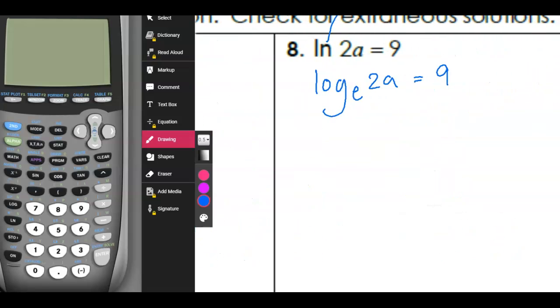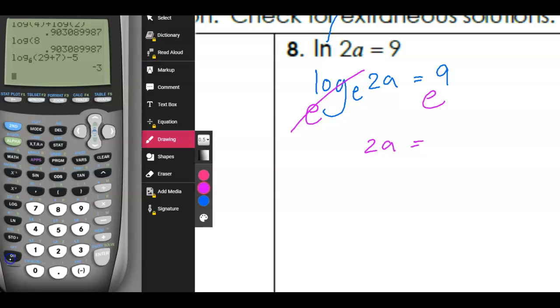Number 8. What did you do first, Aiden D? Yes, big base of E on both sides, and then the log and the E cancel, leaving you with just 2A equals. Now, what was E to the 9th power? Marisol. In your calculator, you can just hit second ln E to the 9th.